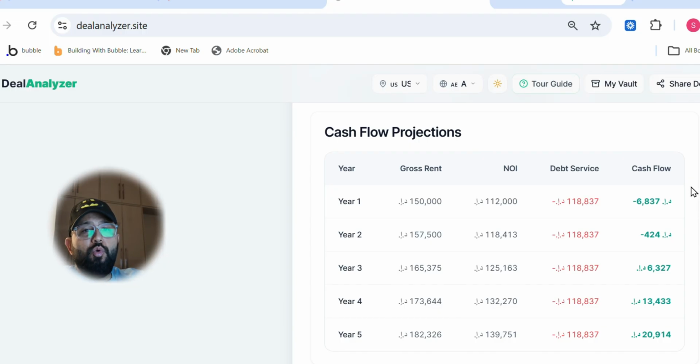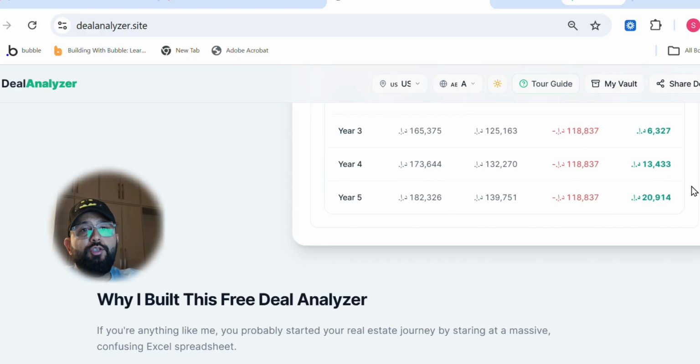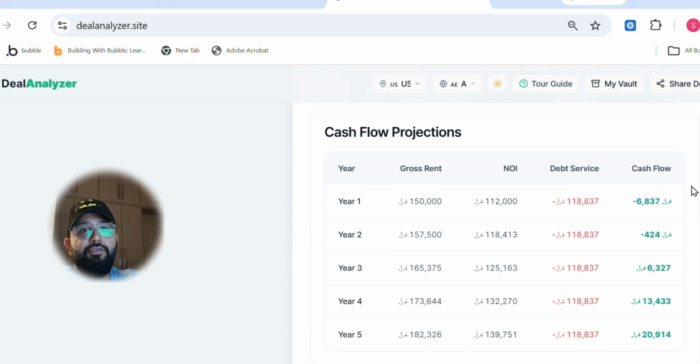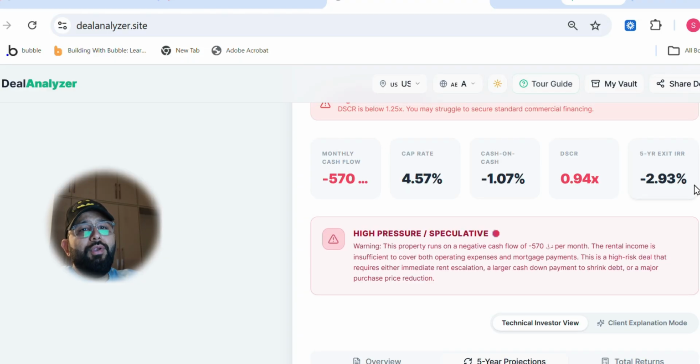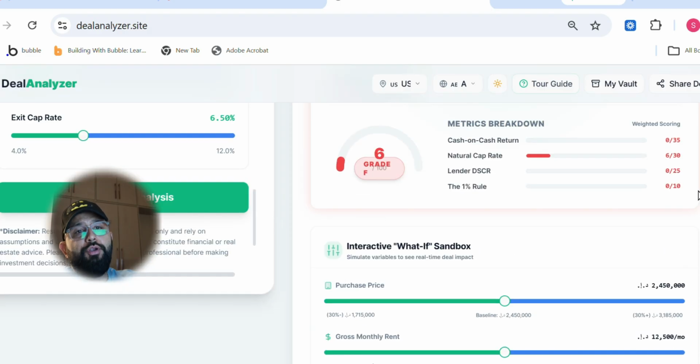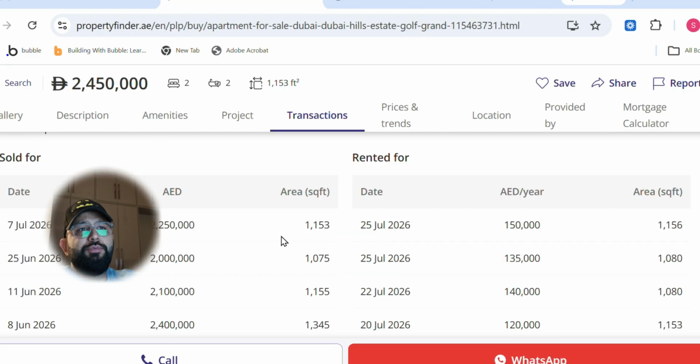So basically, in the first year it's going to be a negative cash flow. The second is also going to be a negative cash flow. Only after the third year can you expect some positive cash flow. So even I can't really give you advice on whether to pass on this deal, because it's very subjective.